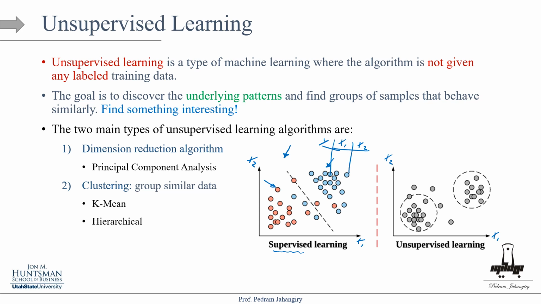But we can use some techniques. For example, we can cluster this data to find the observations that are behaving similarly, right? So that's the clustering technique. Later on, we're going to talk about k-means clustering and hierarchical clustering in the next episodes.